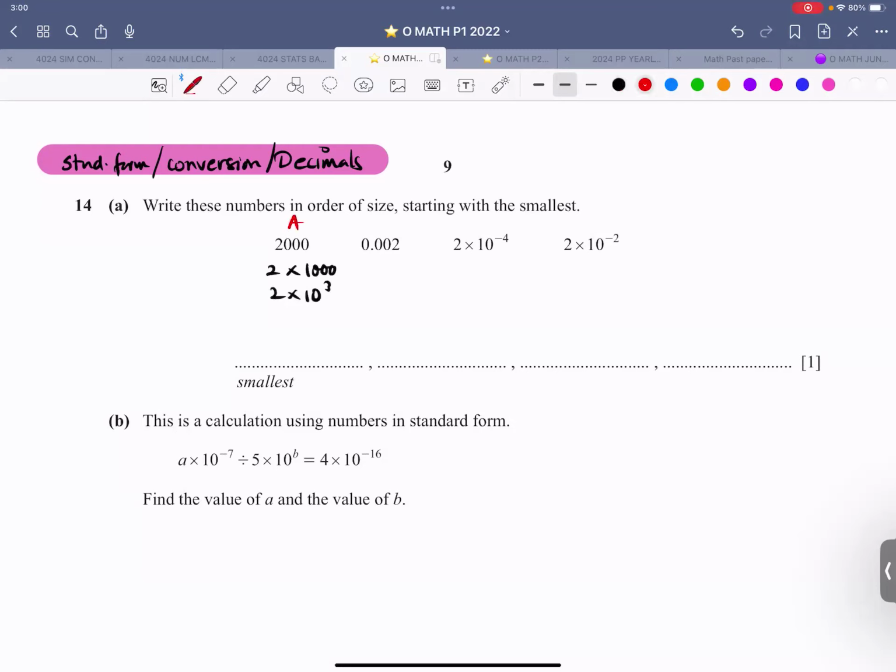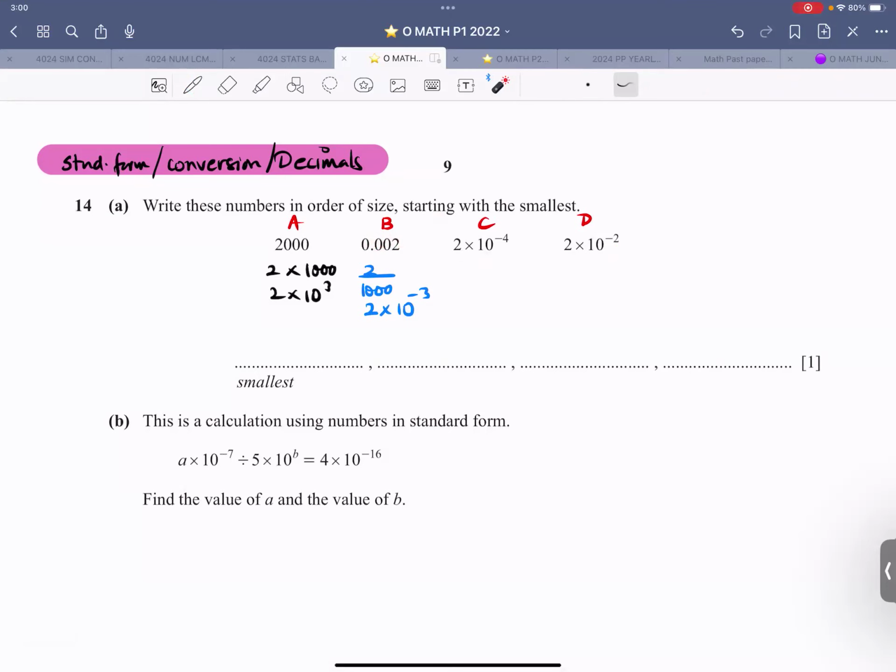Let me label this as A, this is B, this is C, this is D. 0.002, that is 2 divided by 1000. That is 2 into 10 raised to power of negative 3. Let me double check. So this is 1, 2, 3, negative 3. Perfect. This is 2 times 10 raised to power of minus 4. This is 2 times 10 raised to power of minus 2.